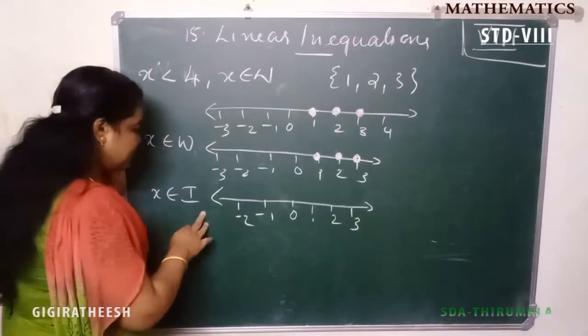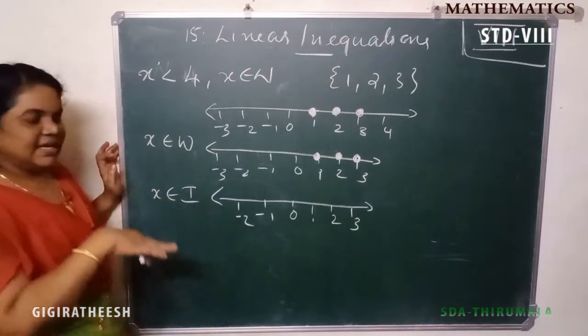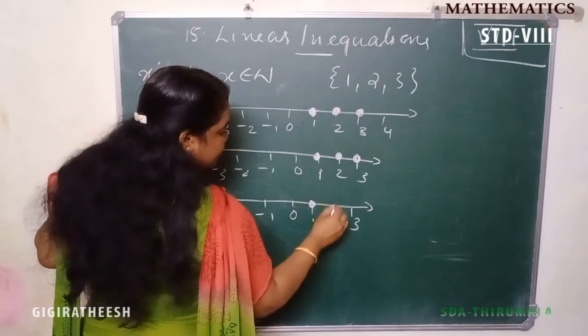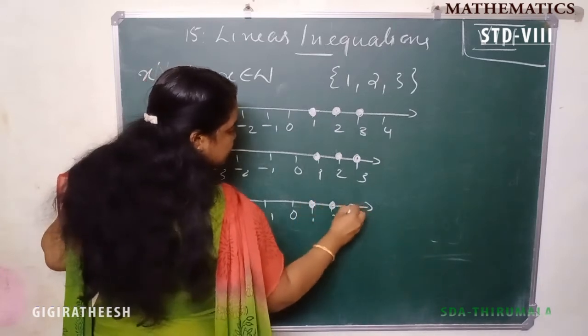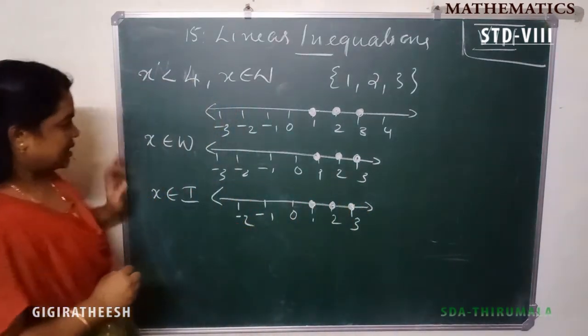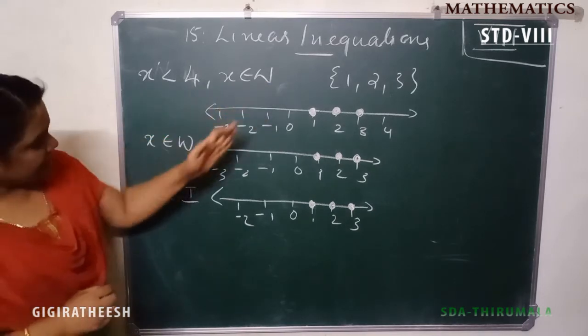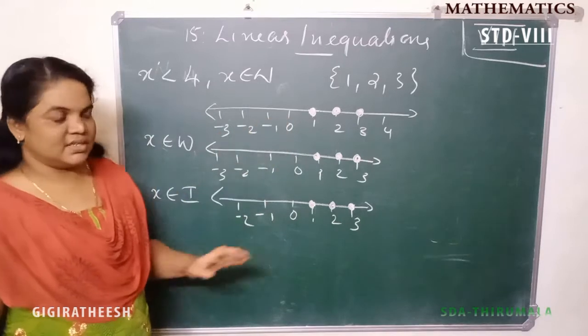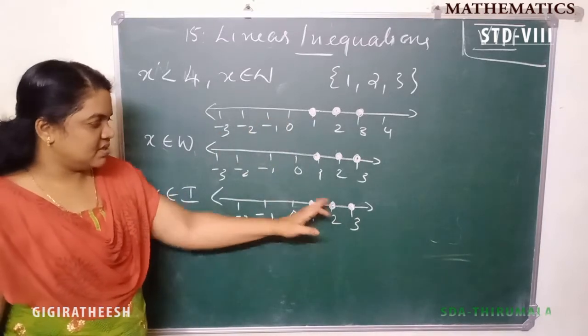And if x is an element of integers, in the case of integers also, we take each and every number, 1, 2, 3. So in the case of natural numbers, whole numbers, and integers, we bubble each digit on this number line.